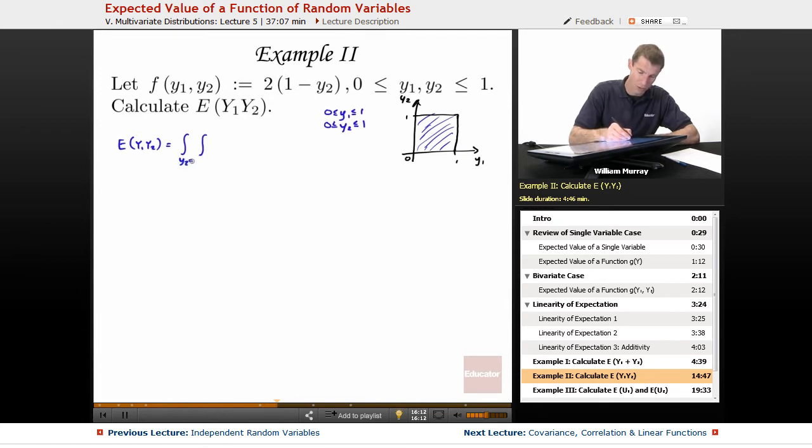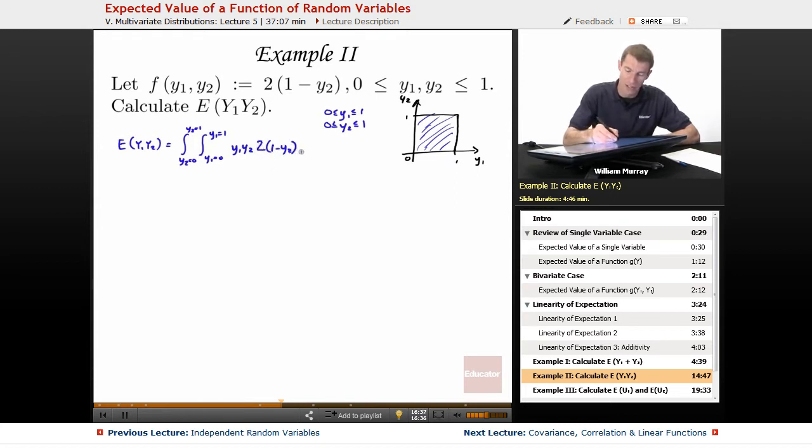So y2 equals 0 to y2 equals 1. y1 equals 0 to y1 equals 1. And now, the function that I'm trying to find the expected value of is y1, y2. So I'll multiply y1, y2 in there, and then I'll put in the density function that we're given, which is 2 times 1 minus y2.